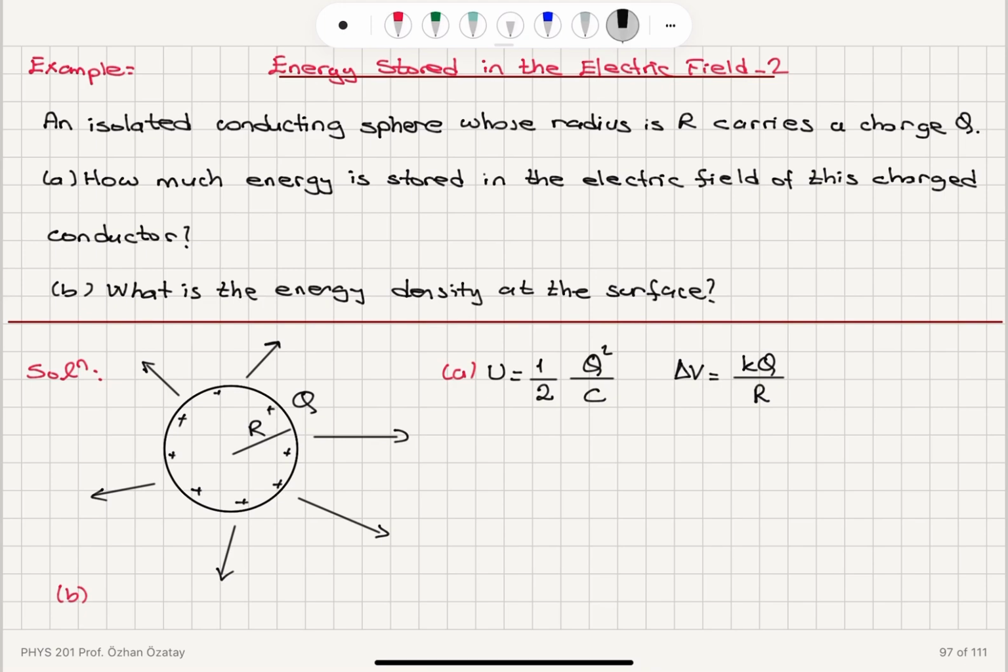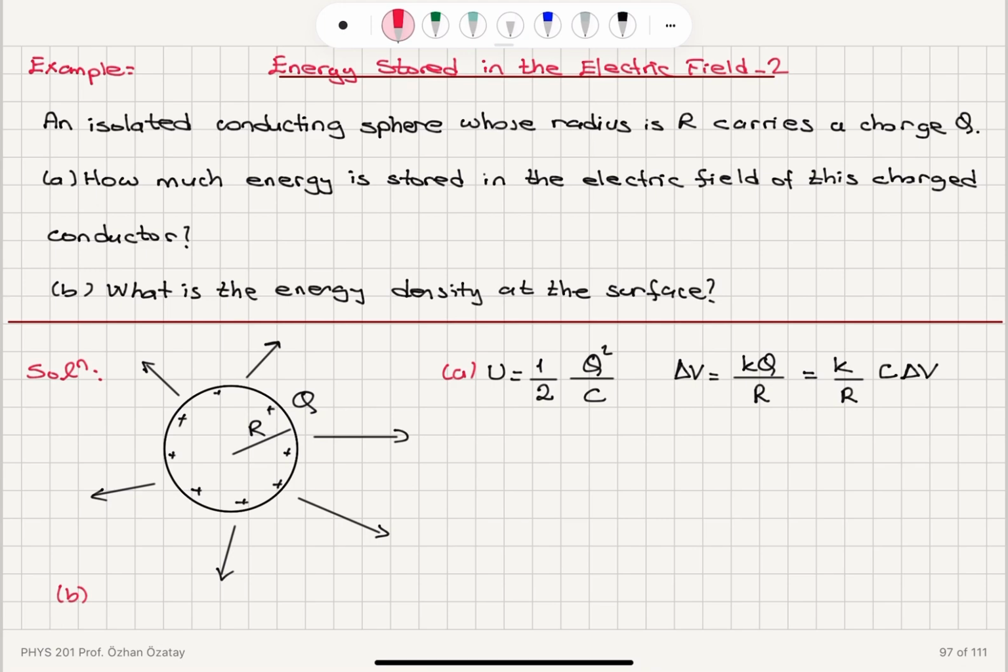Now, the charge stored is basically K divided by radius R. Q is the capacitance C multiplied by delta V, the potential difference between the plates of the capacitor.